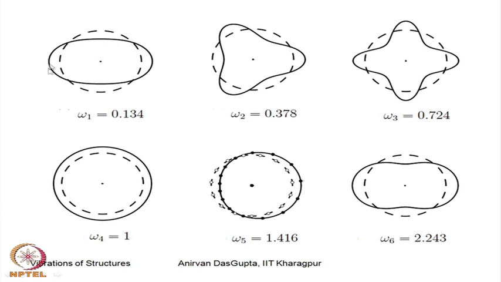So, you see in this mode it is moving out here and moving in here, and vice versa. So, this is going to oscillate like this, and there is a phase difference between this and this which is pi.